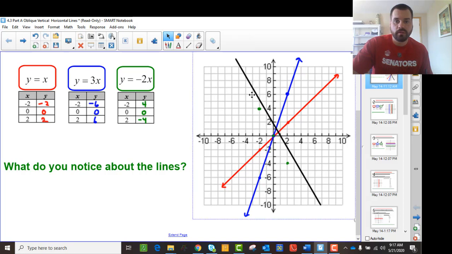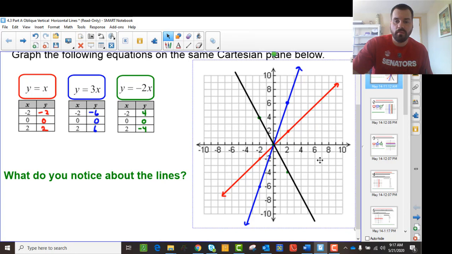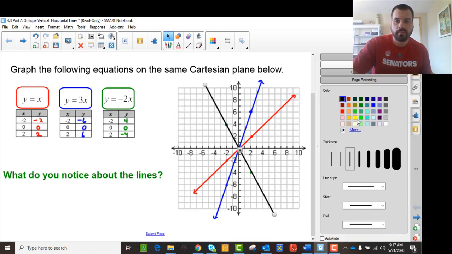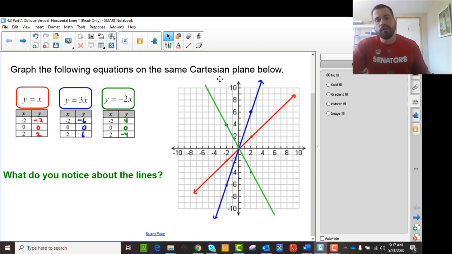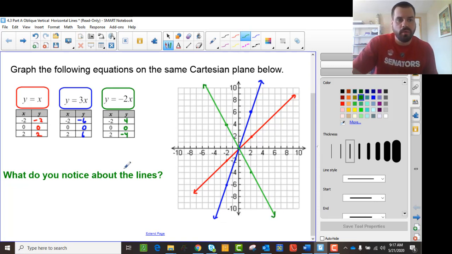But if you look at these graphs, the question is, what do we notice about this? And hopefully what you notice is that they all go through 0, 0. What is happening with them is that y equals x is a fairly flat line, a nice flat line.